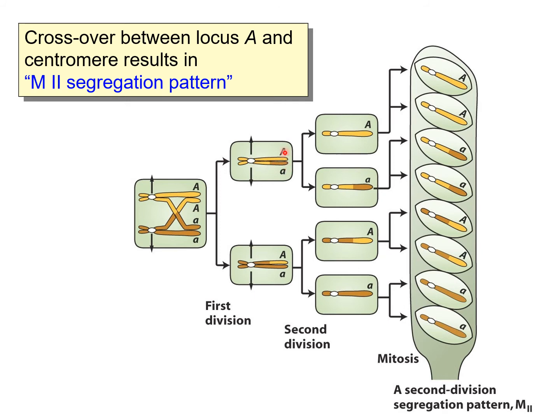Now capital A is with small a. Here too this much part of the chromosome is exchanged, and therefore instead of small a, now the capital A is here. So even after the first meiotic division, capital A is still with small a, meaning the alleles are not segregated from each other.